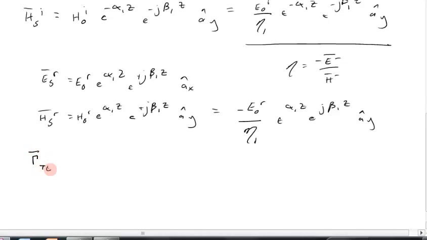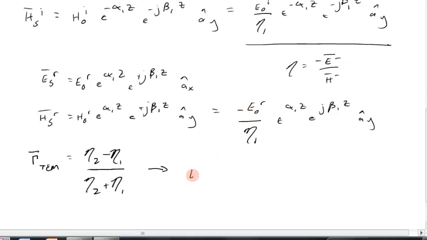We give it a special name, the TEM mode reflection coefficient, and that is eta 2, the intrinsic impedance of material 2, minus eta 1, the intrinsic impedance of material 1, over eta 2 plus eta 1. This allows us to replace this in the equation.